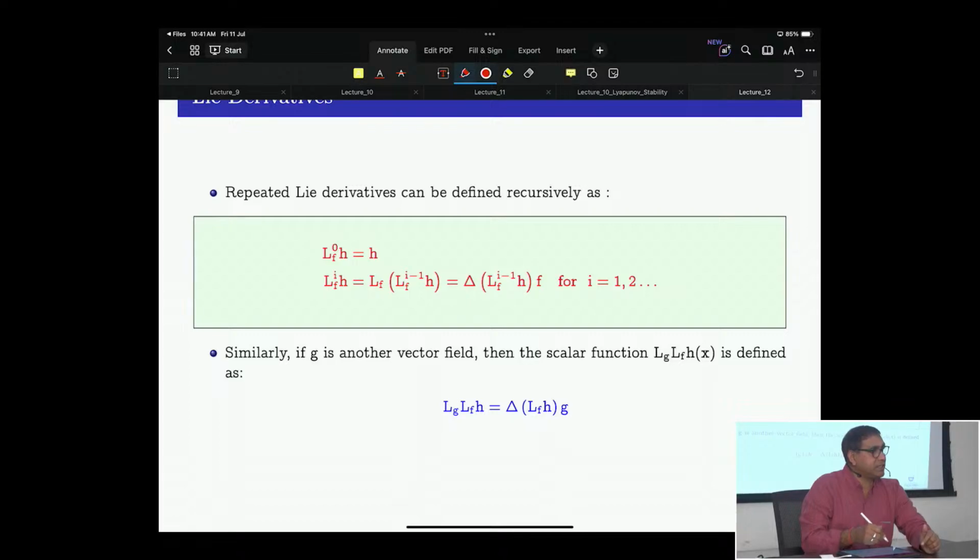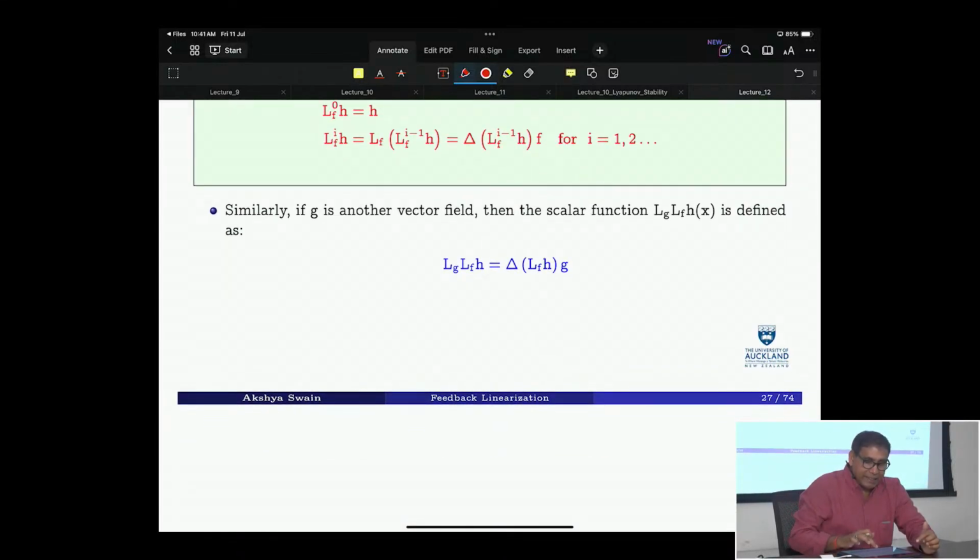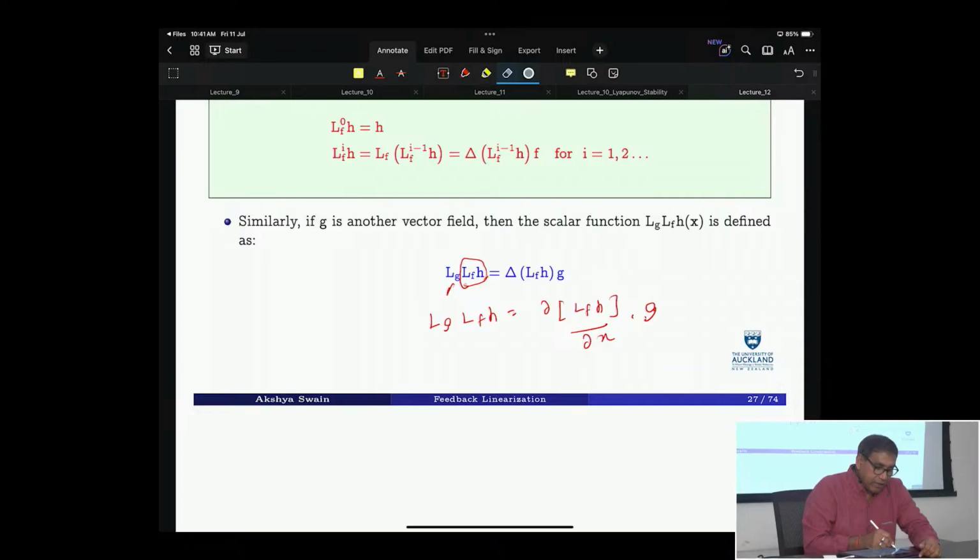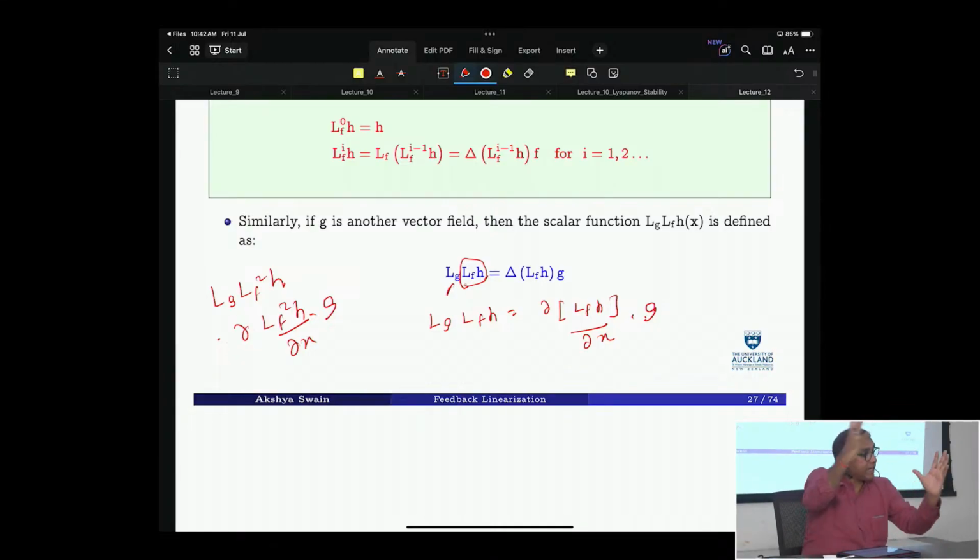See, L_F^0 H is H. Similarly, L_G L_F H is equal to del of L_F H by del X in the direction of G. So whatever is there here, G, it will be multiplied last. L_G L_F^2 H will be del L_F^2 H over del X times G. Always take the entire right hand side and multiply.